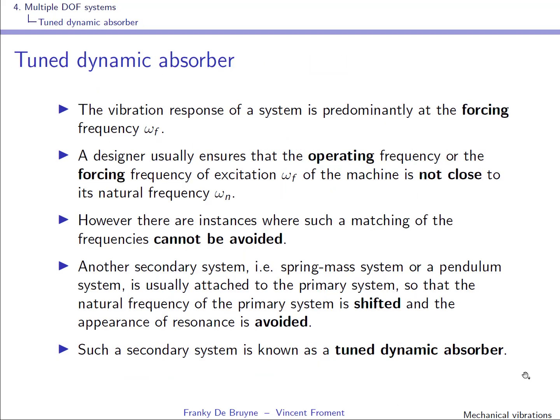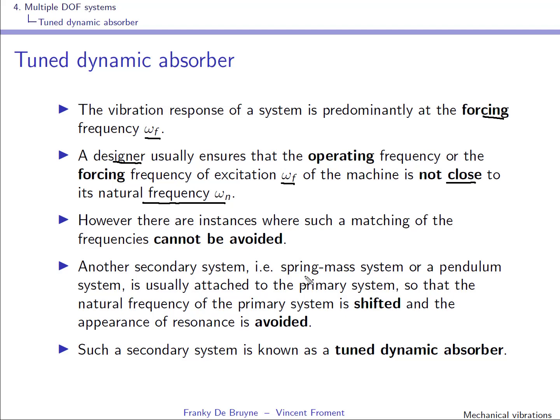We'll see here an application of the 2 degree of freedom mass spring system. So remember that the vibration response of a system is predominant at the forcing frequency. Okay, so the designer usually ensures that the operating frequency or forcing frequency omega f is not too close to the natural frequency of the system.